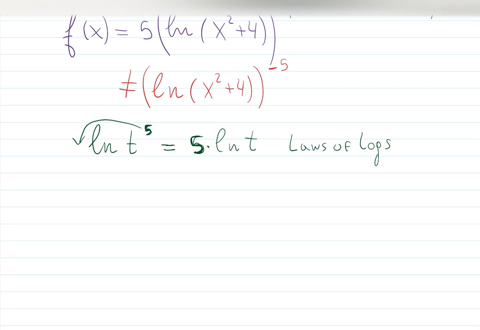However, you are confusing with the situation when natural log of t is raised to the 5 outside. Then it's not the same and you cannot claim that it's going to be 5 natural log of t. What is the difference? The difference is which part of the function is raised to the 5th power. Laws of logs works only for the input that is raised to the 5th power.